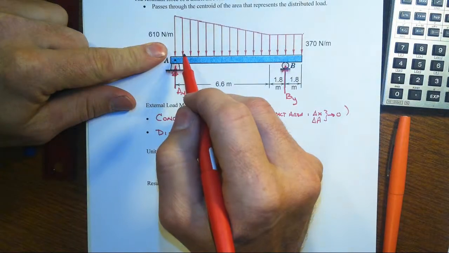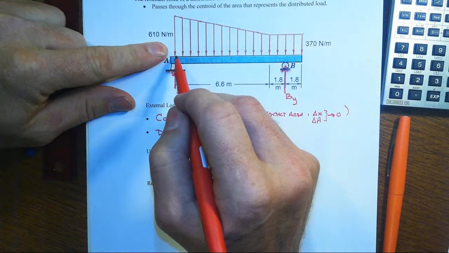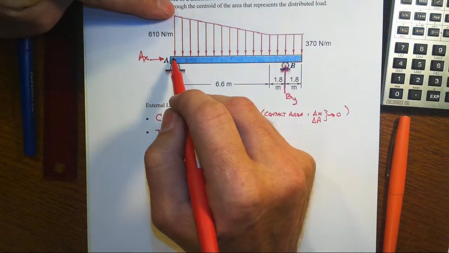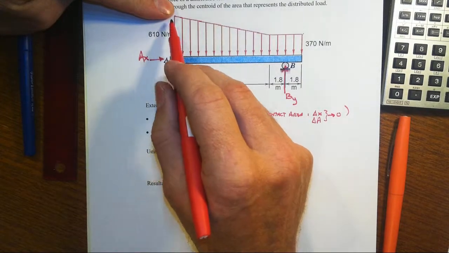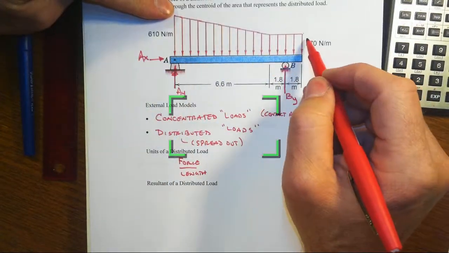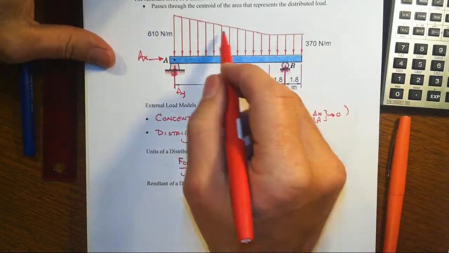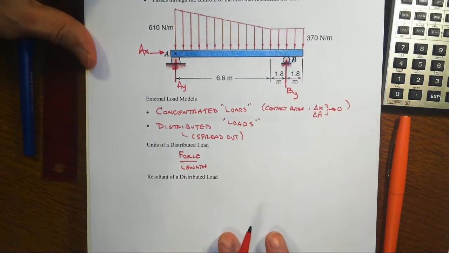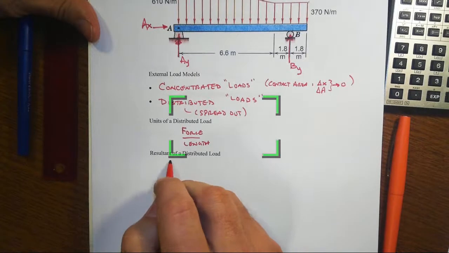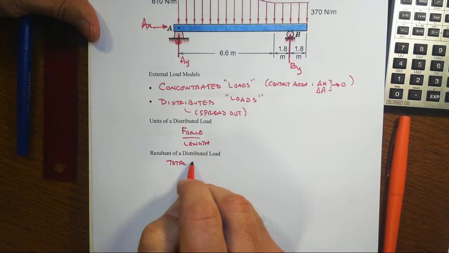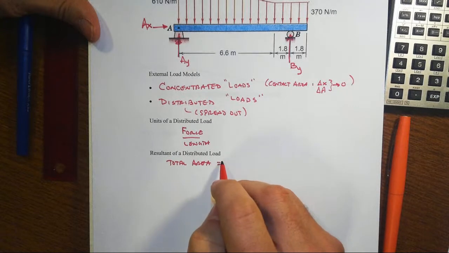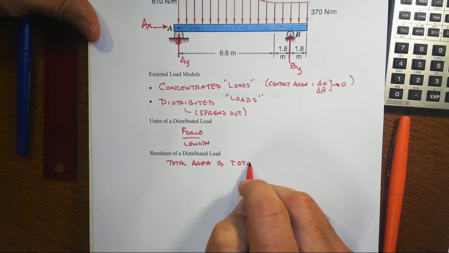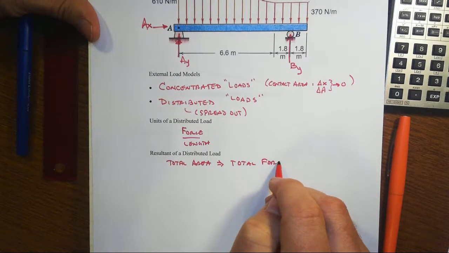It's symbolic of, and if we have an intensity over here of 610 newtons per meter, and we set a scale, draw it that high, and 370 here, then this outline shape, well, that total area is going to represent the total force.